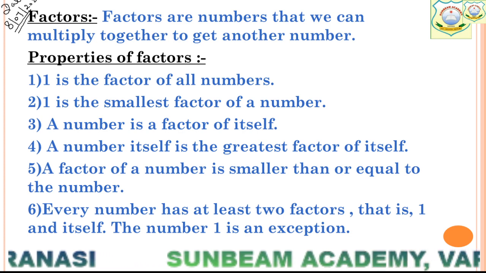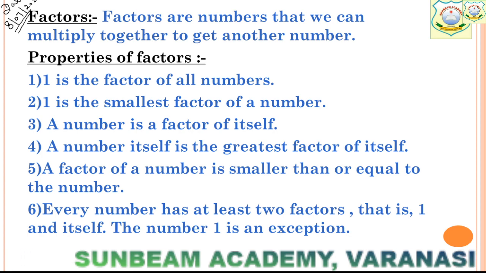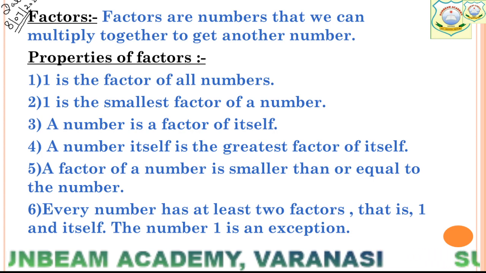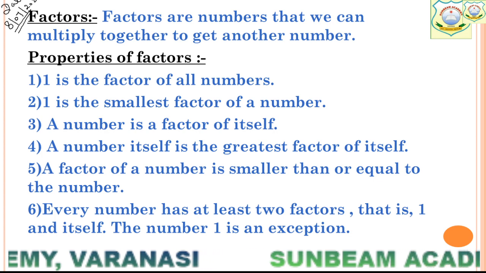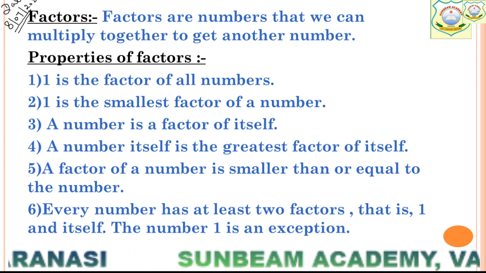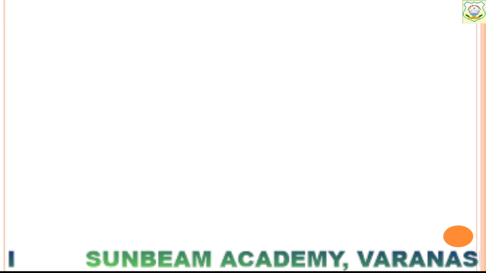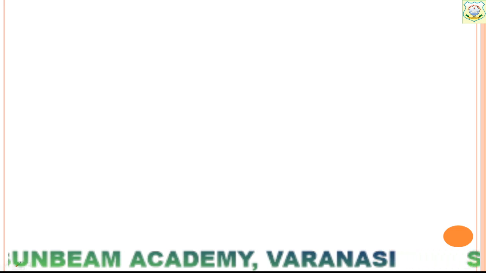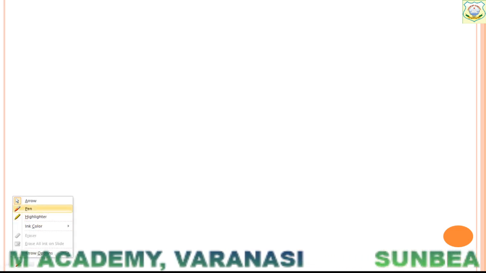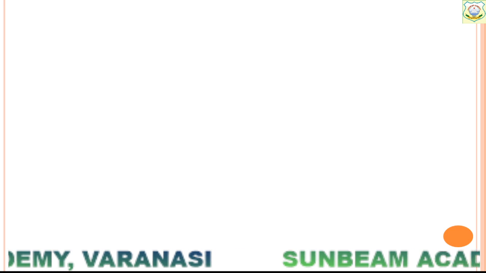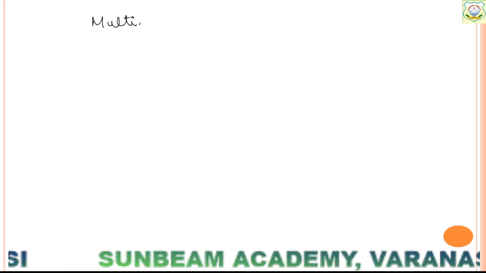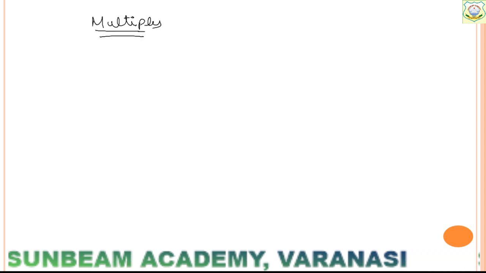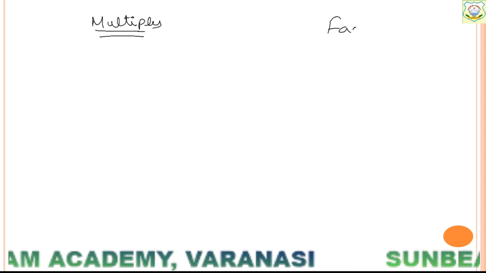And I hope that you have understood the difference between multiples and factor. There is difference. Okay. Okay, I will send you the PDF, so don't worry about it. Let's discuss the difference between the factors and multiples. I'm writing here multiples. I'm writing here factors.